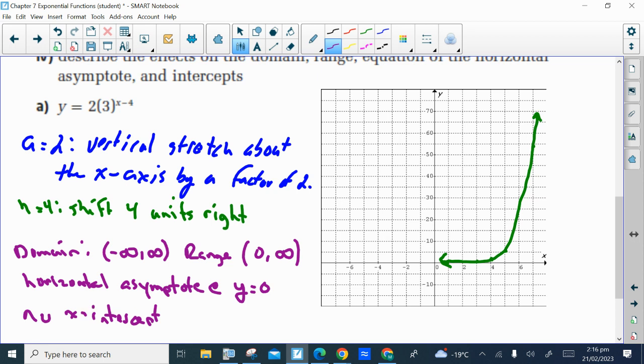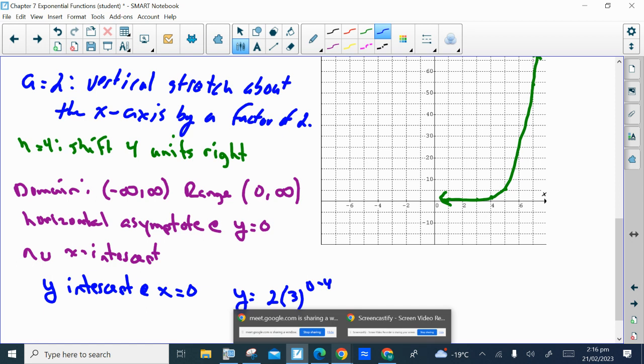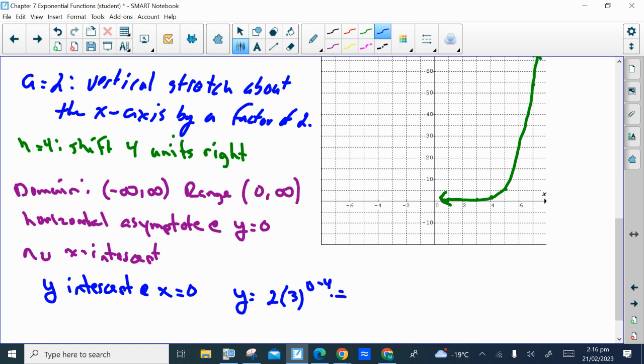But there is a y-intercept, and we can calculate it. Remember, the y-intercept is always where x equals 0. So if we take the equation and we set x equal to 0, it'll be 2 times 3 to the power 0 minus 4, or 2 times 3 to the power negative 4.